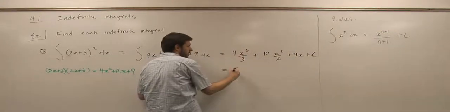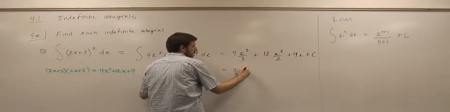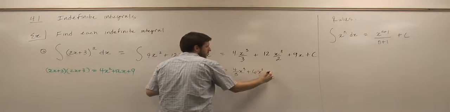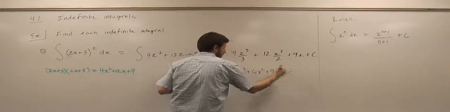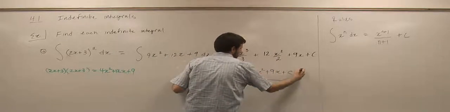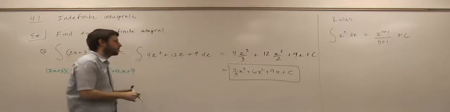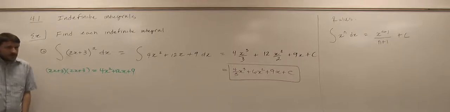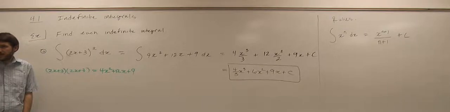This will be 4/3 x cubed plus 12 over 2 is 6 x squared plus 9x plus c. So that's pretty good. Do we remember? Or we don't remember? Questions?